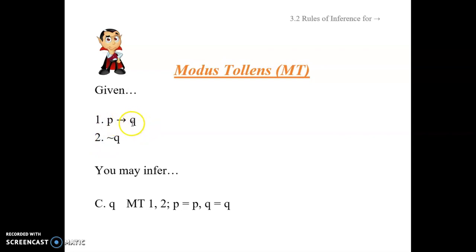So if P then Q, not Q, therefore not P follows. So if it's raining, then it's wet, it's not wet, therefore it's not raining, okay? And that's Modus Tollens. So you can either affirm the antecedent or deny the consequent, and that's what the rules Modus Ponens and Modus Tollens allow.